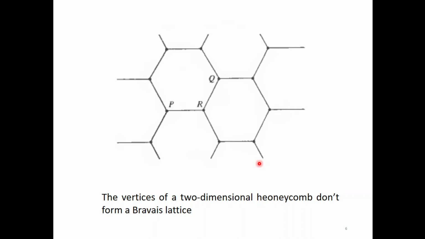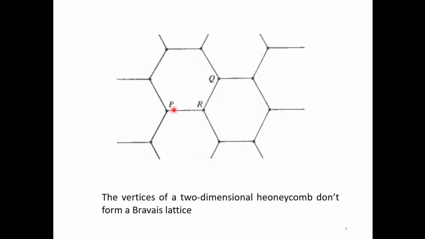And as I have told you that as far as the Bravais lattice is concerned, then two conditions must be taken into account that should be fulfilled. The first condition is the number of nearest neighbors, and the second condition is the orientation.